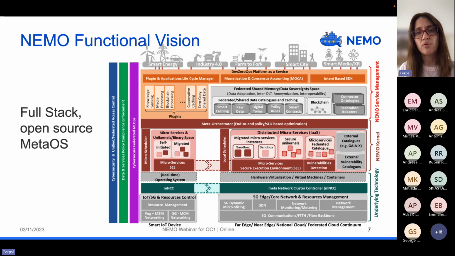We have a vision for a full stack architecture starting from the lower infrastructural part with network management solutions, and then several orchestration software modules building our core, and on top of this several entry points, contributions as entry points and applications on top of that.